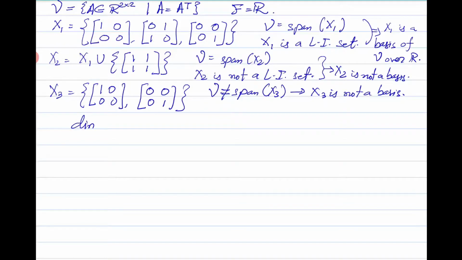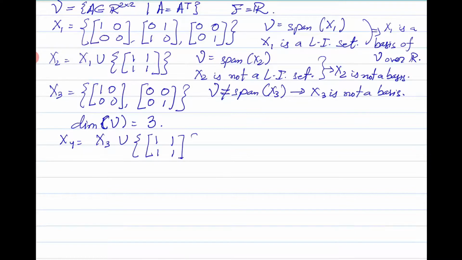What is the dimension of V? So x1 is a basis of V as we have established. So x1 has three linearly independent vectors. So the cardinality of x1 is 3. So the dimension of the vector space here is going to be 3. This dimension is unique to the vector space over the field of reals. But the basis x1 need not be. You can have another basis. For example, x3 along with one more vector, which is 1 1 1.